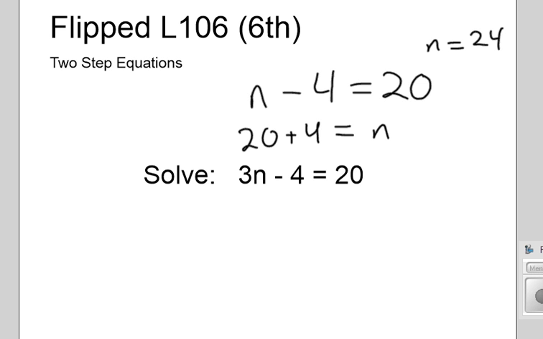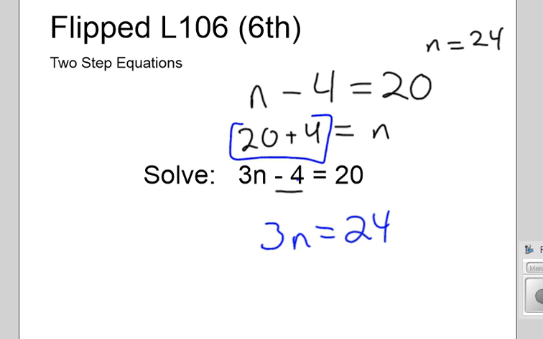Now we can already use this concept to get started, because we know that if we subtract 4 from 3n, it's similar to our rearranging up here. Our 4 is going to be added just like we added the 4 here.